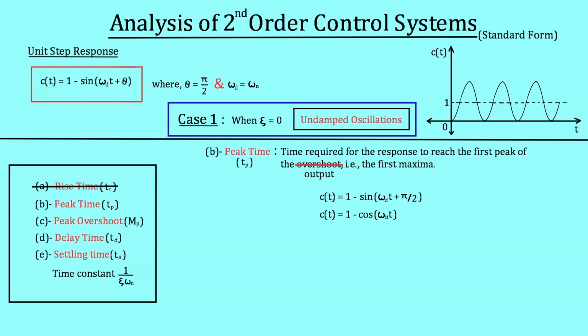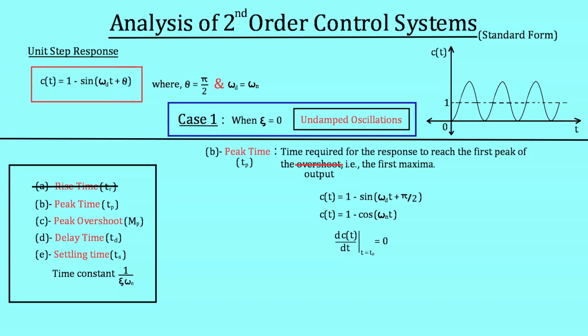And we also know the damped frequency is equal to natural frequency. By applying all these things, we will get the output to be equal to 1 minus cos of natural frequency multiplied by time t. Now, for the peak time, our first step should be to differentiate the output equation so that we will get the instants of time which have maxima and minima values.